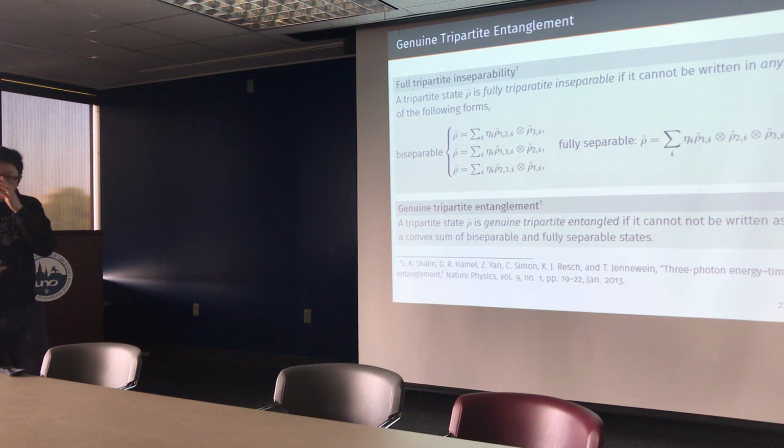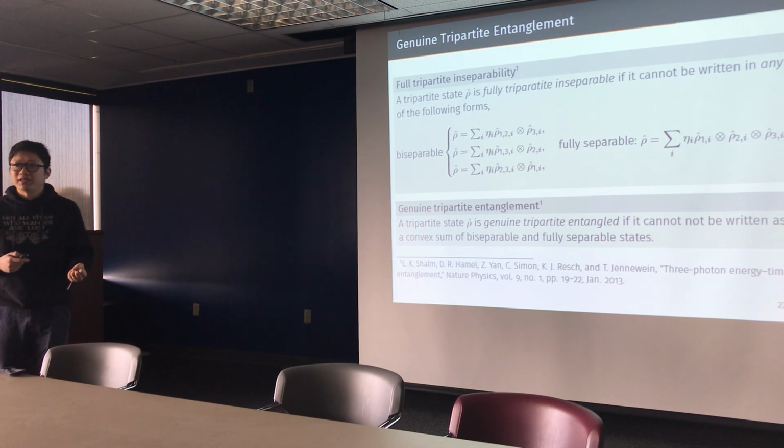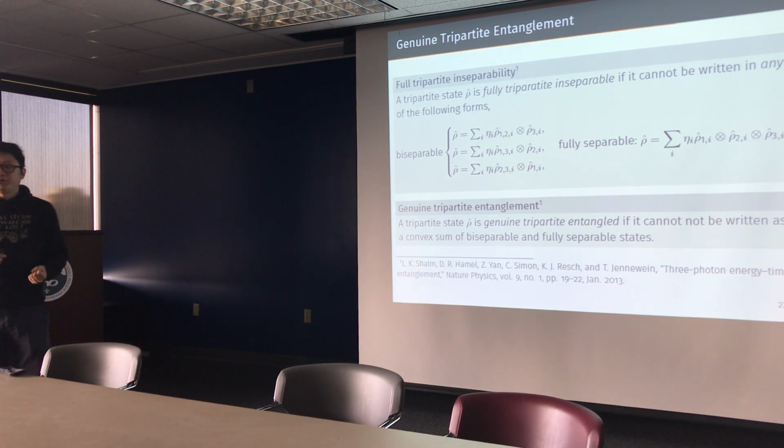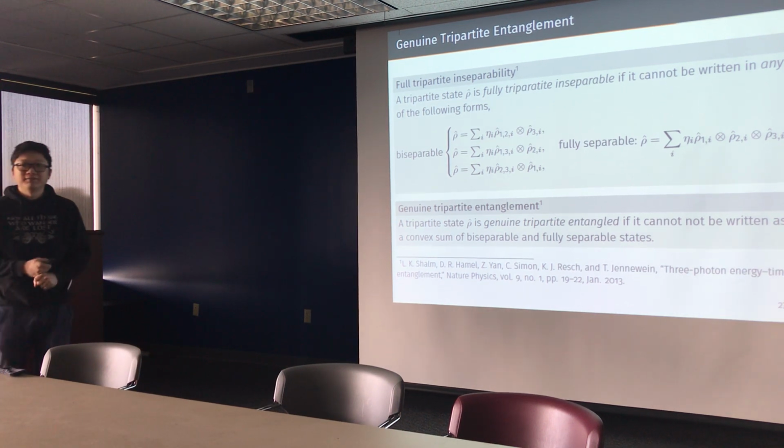Here we can see that for a pure state, these two are equivalent: full tripartite inseparability means genuine tripartite entanglement for a pure state. But for a mixed state, we can have a mixture of these three biseparable states. Then it is full tripartite inseparable, but not genuine tripartite entangled, right, for a mixed state.